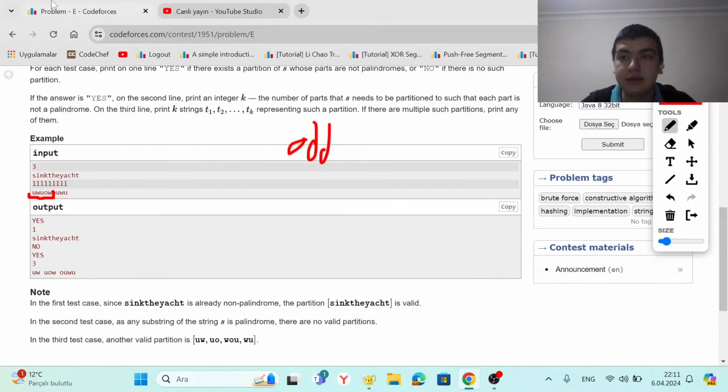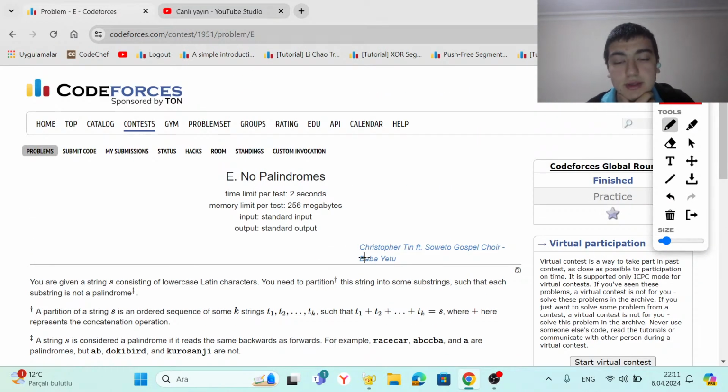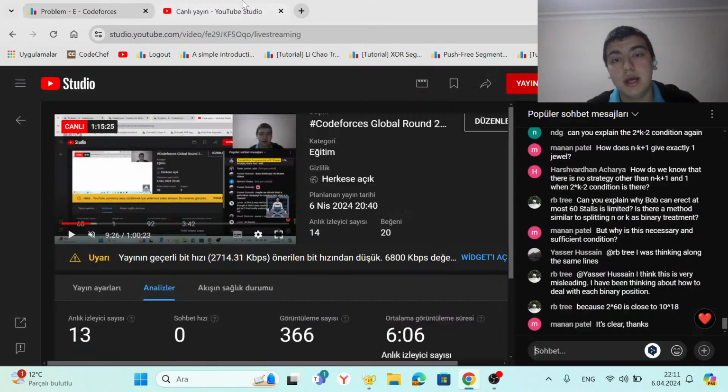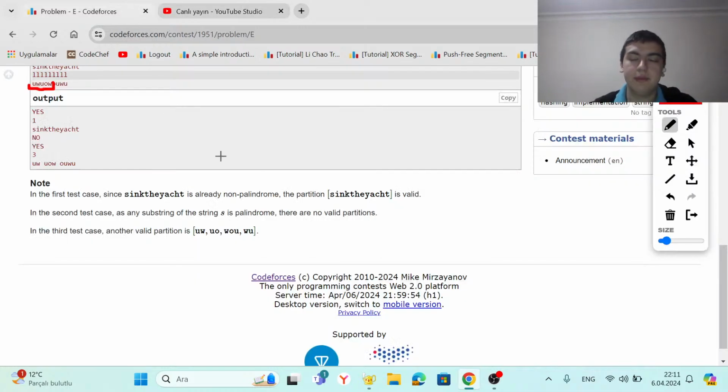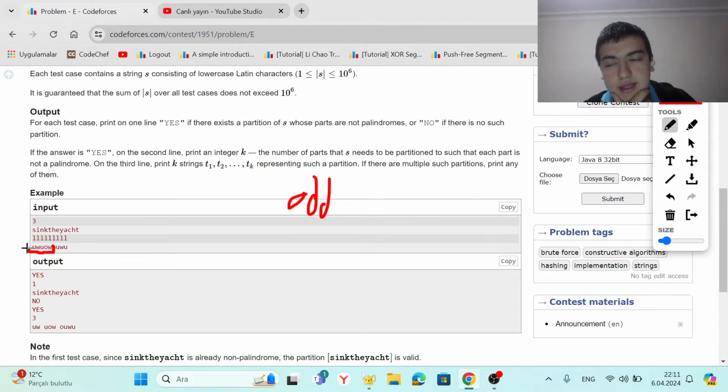I think this is the solution of the problem. I'm not sure about this solution, by the way, because I've not written the code for it, but I think it is a sensible solution.